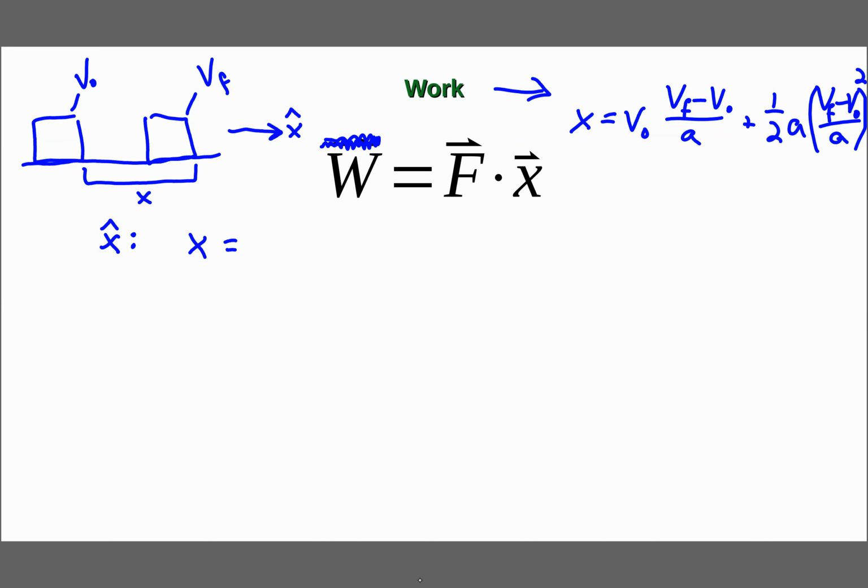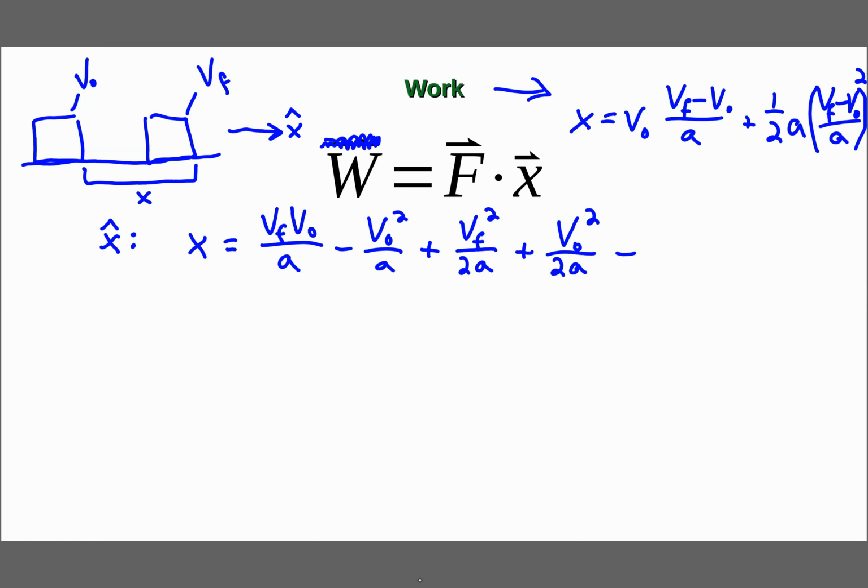And let's just do a little algebra on it. So we have vf v naught over a minus v naught squared over a, plus vf squared over 2a, plus v naught squared over 2a, minus vf v naught over a.